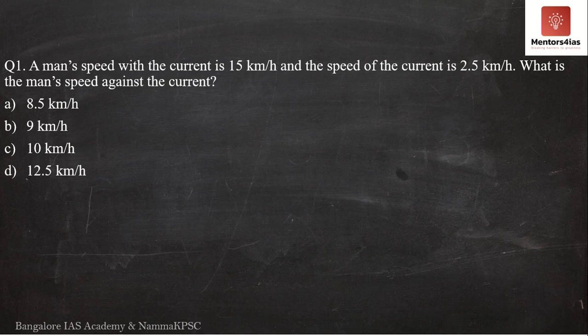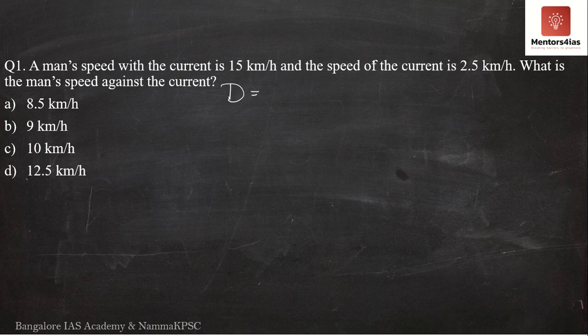Now, the first question says a man's speed with the current is 15 kilometers per hour and the speed of the current is 2.5 kilometers per hour. Therefore, what is the man's speed against the current? When it says a man's speed with the current is 15 kilometers per hour, it means the downstream speed.